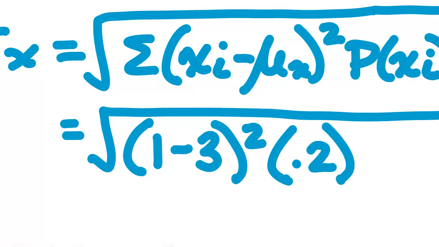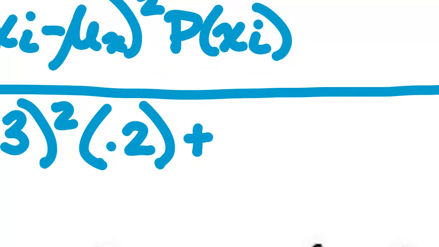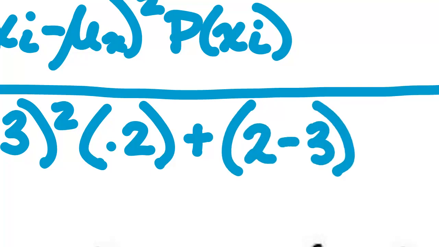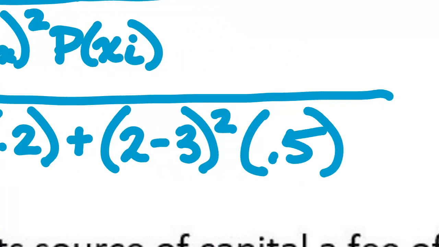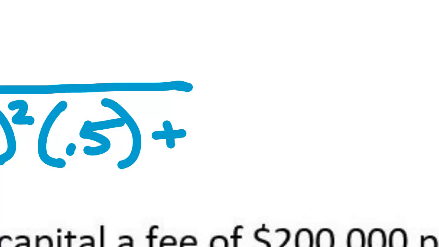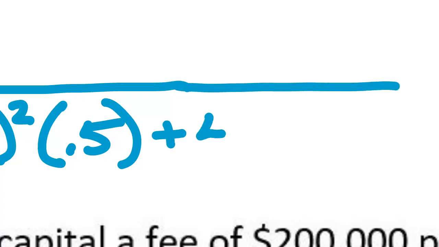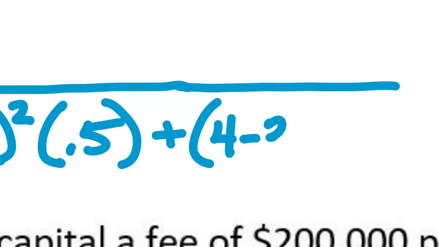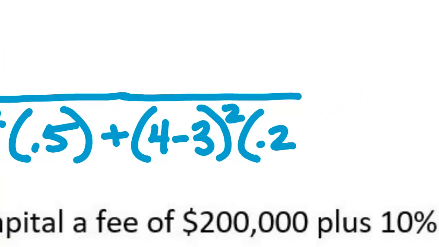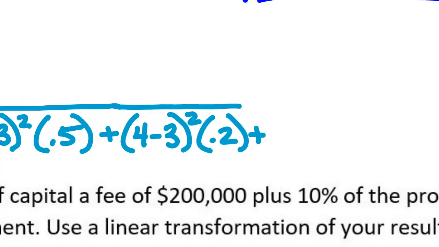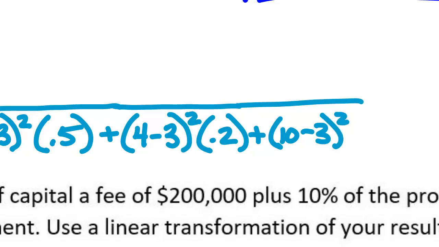So 1 minus 3 squared times 0.2 plus, and then I'm going to do it with the next x value, 2 minus the mean squared times 0.5, plus next x value, 4 minus the mean squared times its probability, 0.2, plus 10 minus 3 squared times 0.1.